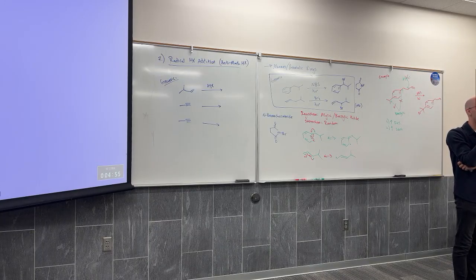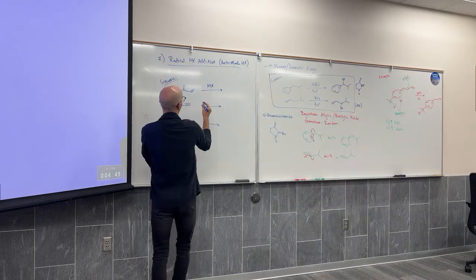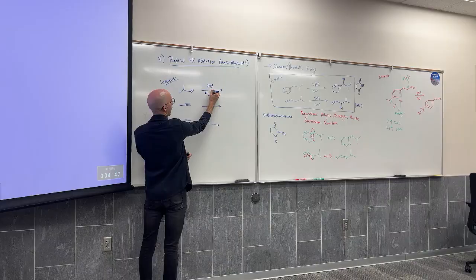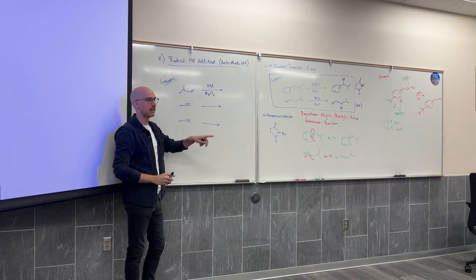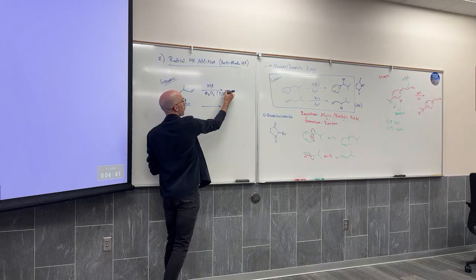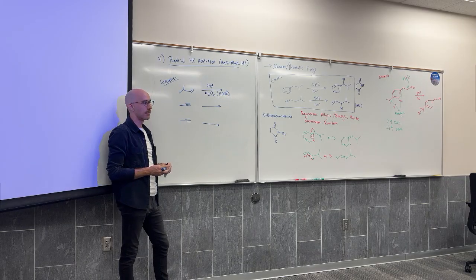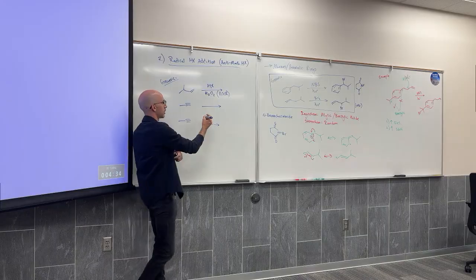So there must be another reagent present, something that can create radicals on its own. This is what we call a radical initiator, hydrogen peroxide, or really any peroxide, ROOR. These are great radical initiators.